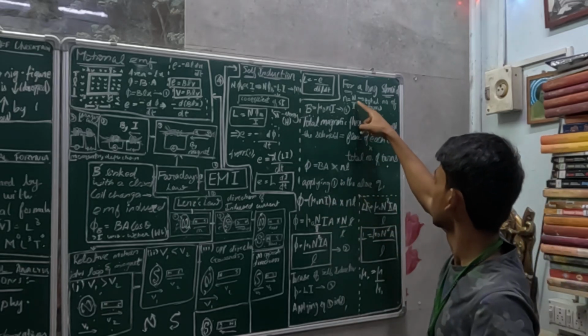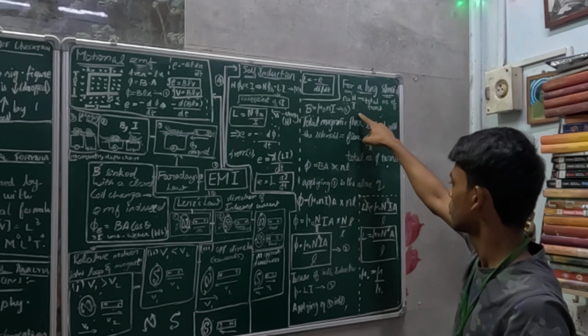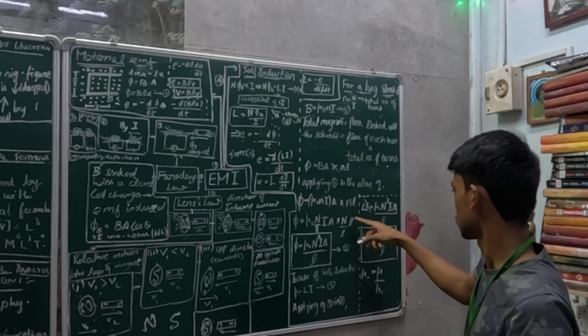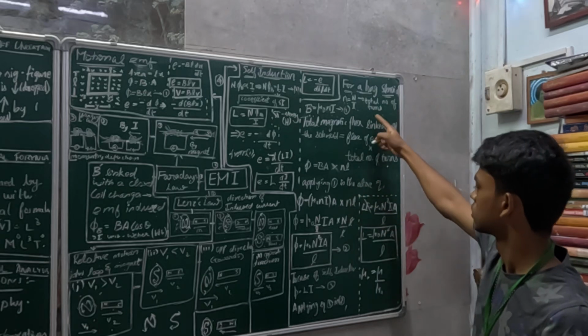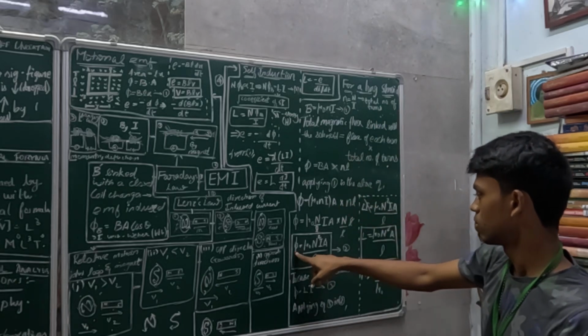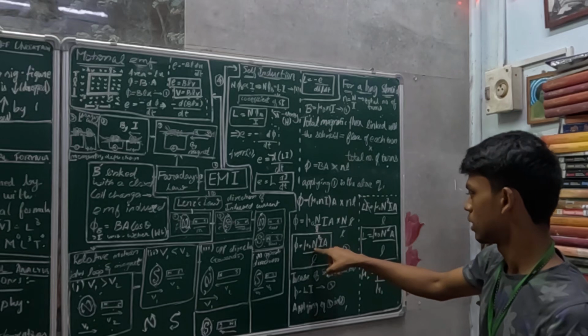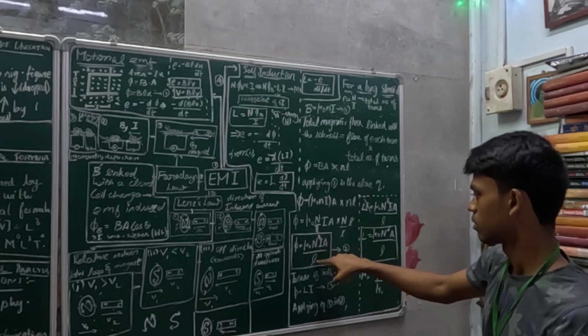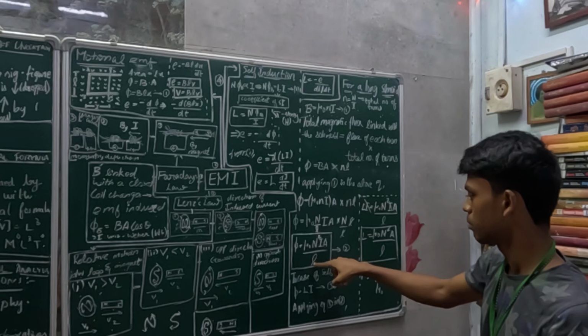So we will take n is equal to capital N divided by L, where capital N is the total number of turns. Finally we get phi is equal to mu naught n square I A by L.